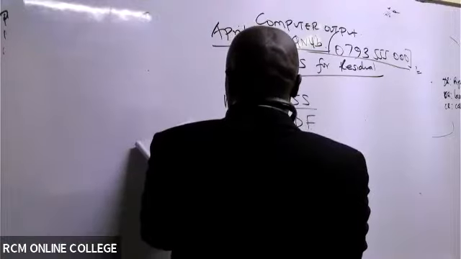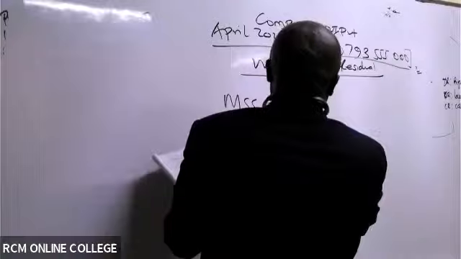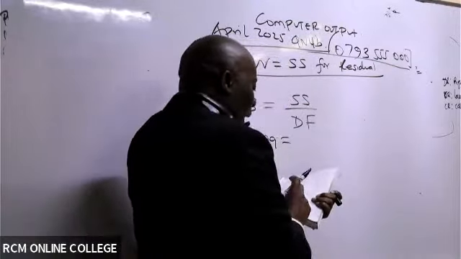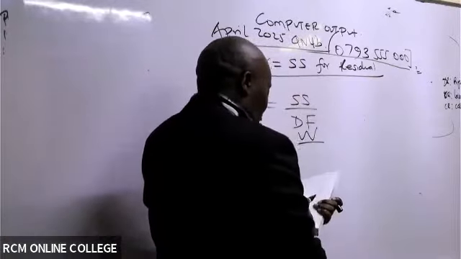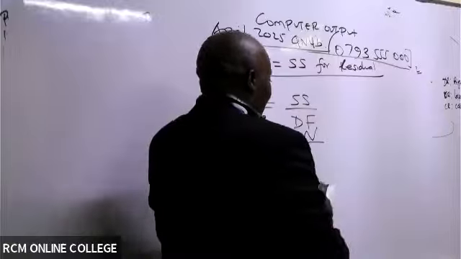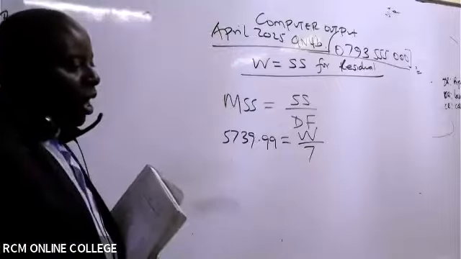Mean sum of squares, 5739.99, equals SS for residual, which is not known, which is our unknown, our W, all over degrees of freedom, which are what here, somebody? For residual, degrees of freedom, there are 7. So now make W the subject of the formula.